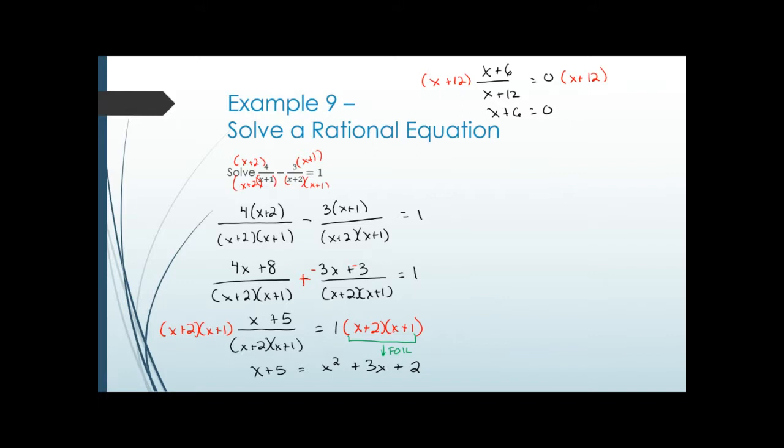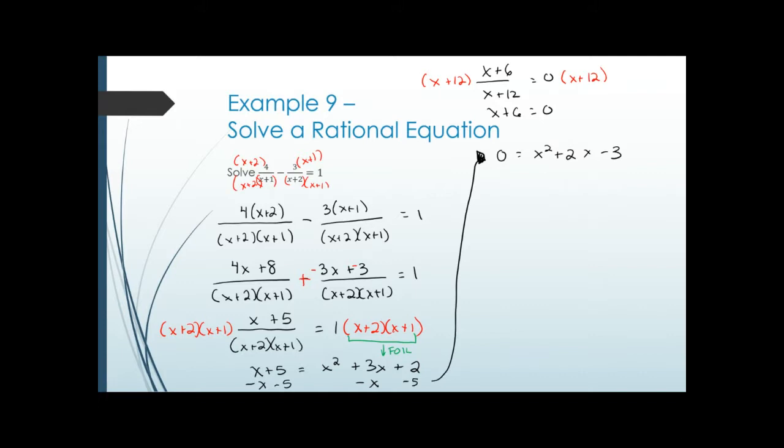So I'm going to subtract the x and subtract the 5, and then I get 0 equals x squared minus 4x minus 3. Wait, 3 minus 1 is not 4x. I need to double check my arithmetic. That should be plus 2x minus 3. For some reason I was thinking that was minus 3 there.